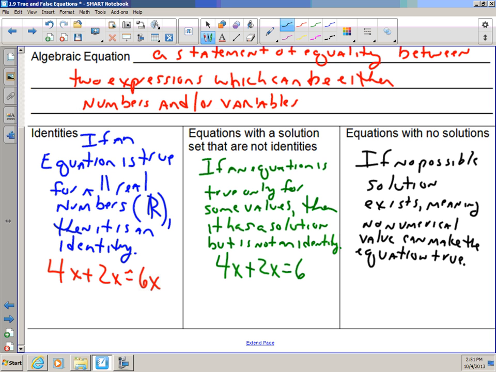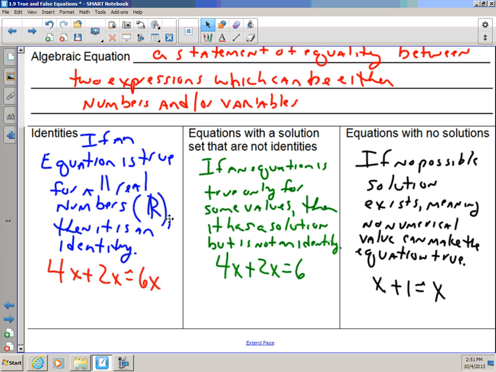So again, if I had the statement x plus 1 equals x, you should be able to see that it does not matter what value I can choose for x. In our real number system, there is no value for x that will make that statement true.